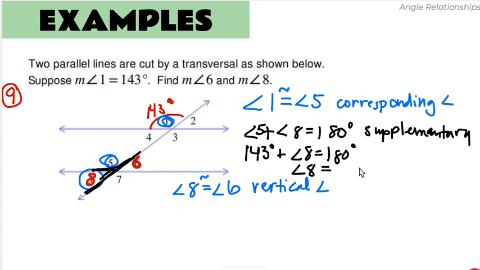Grab a calculator, do the math. 37 degrees. So angle 8 is 37. Now right here we said angle 8 and angle 6 are equal to each other. So that means angle 6 is also 37 degrees. And that's it.